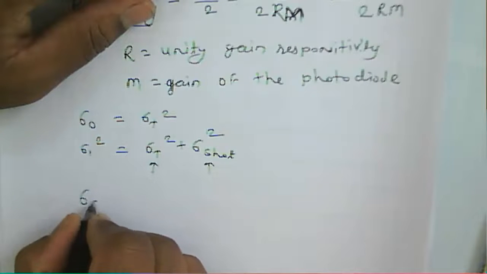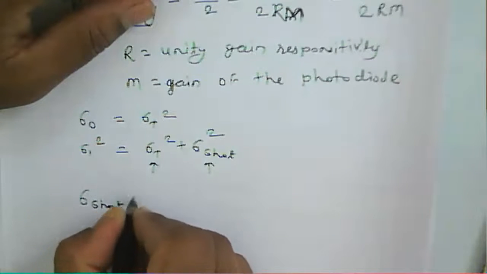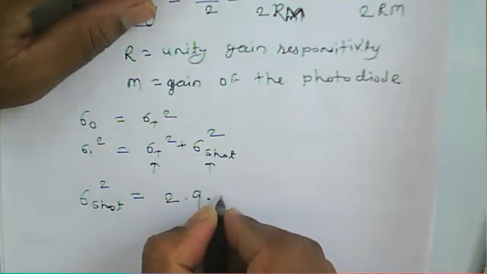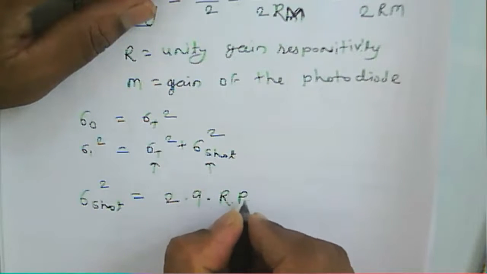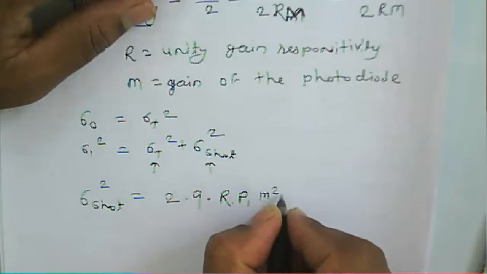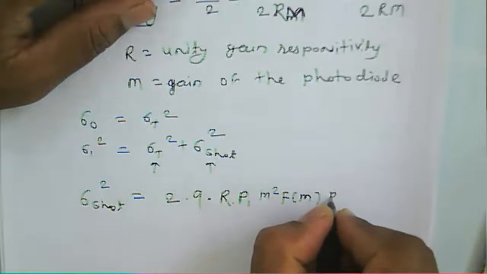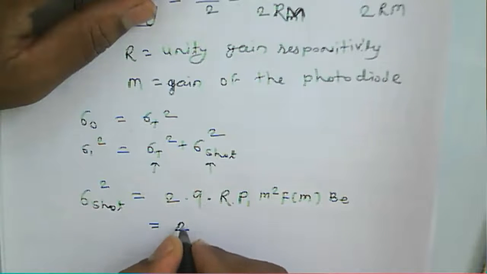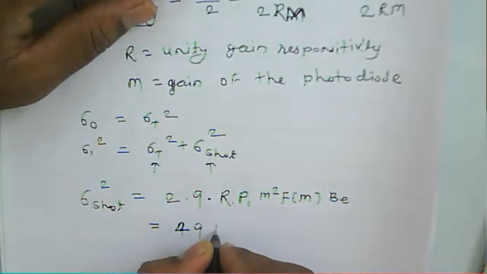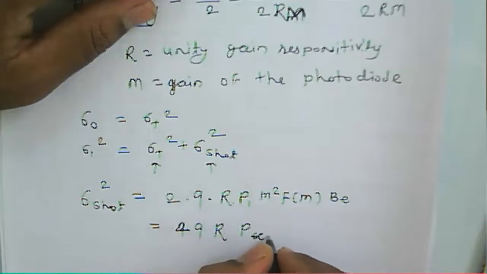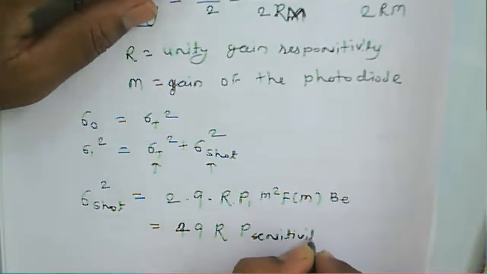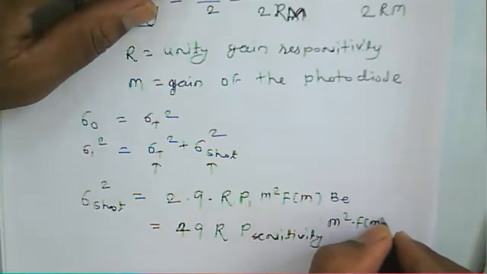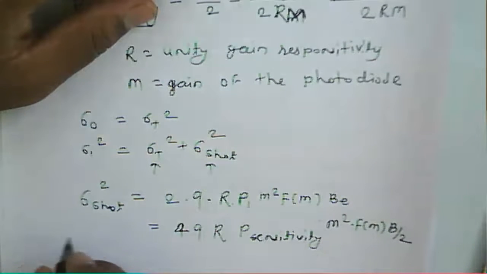So in that case, if there is a pulse, sigma shot square is equal to 4q R P1 M square F of M times B, or we can write 4q R times the receiver sensitivity into M square F of M times B by 2.